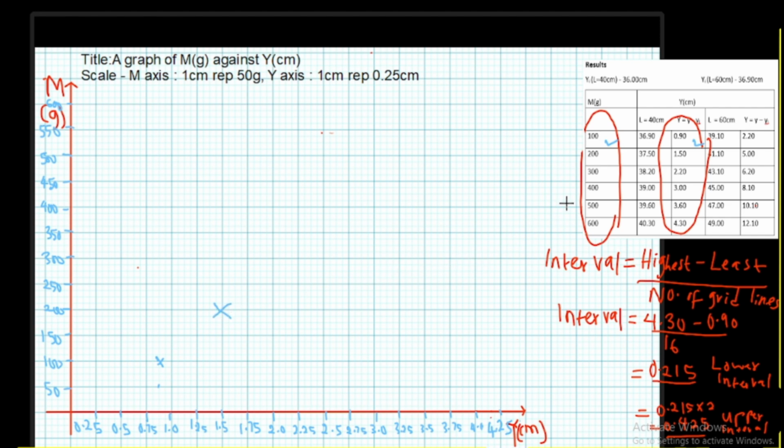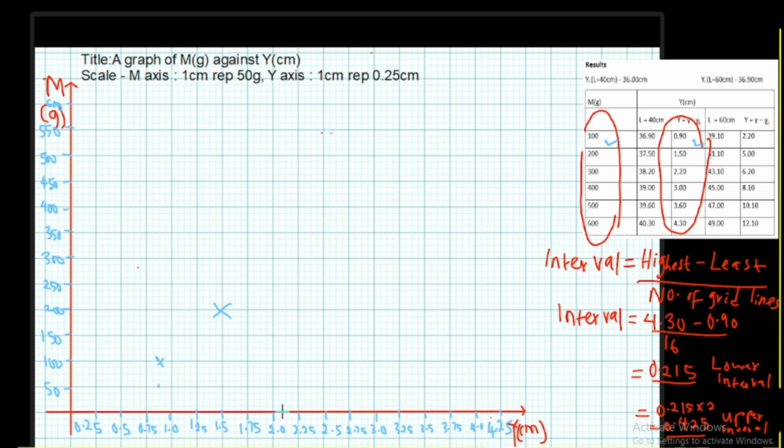And then after this, we have 300 and 2.20. So we have 300 here, and then 2.20. We have 2.25 here. 2.20 will be between 2.0 and 2.25. So to get 2.20, we subtract from 2.25 downwards.